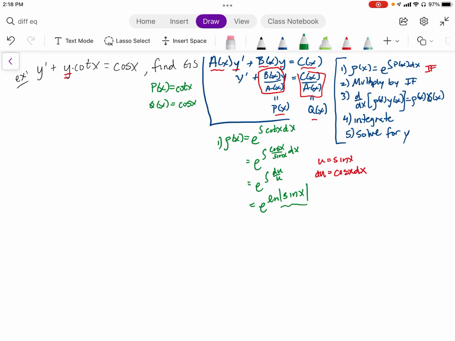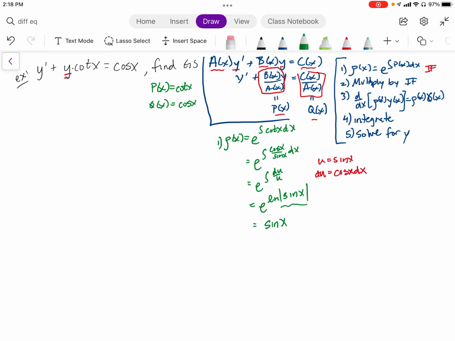So that's why that has to be positive. But we will see sine x is going to be positive anyways. I'll leave it for now, and we'll address that later. All right, so e and ln cancel, and we just get sine x. That is your integrating factor.